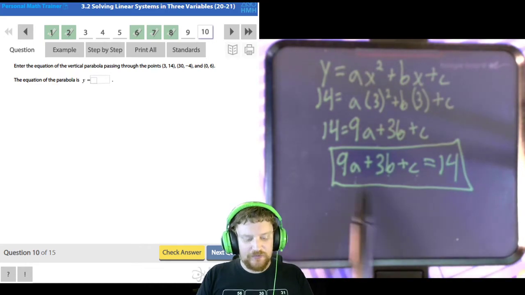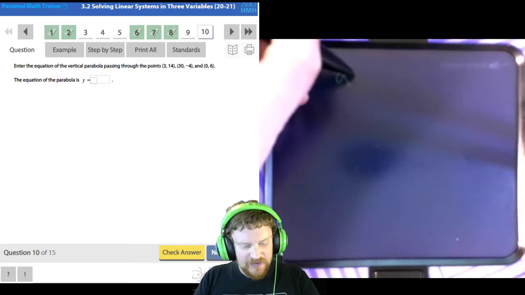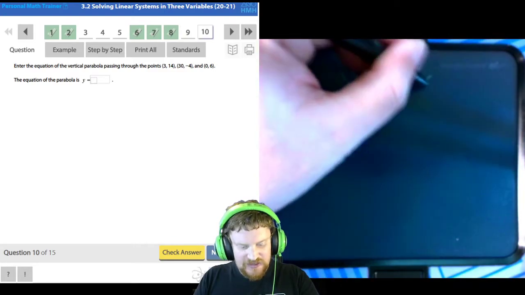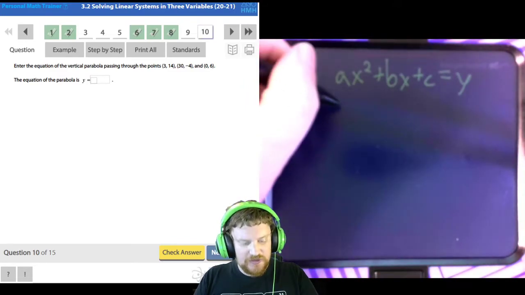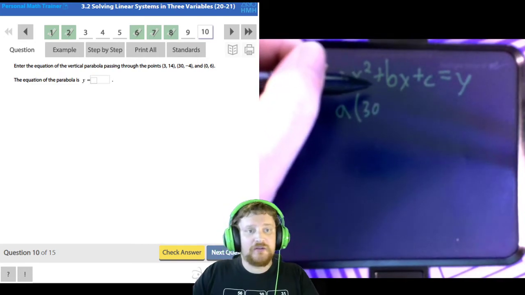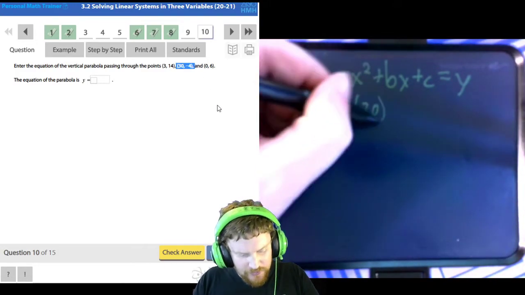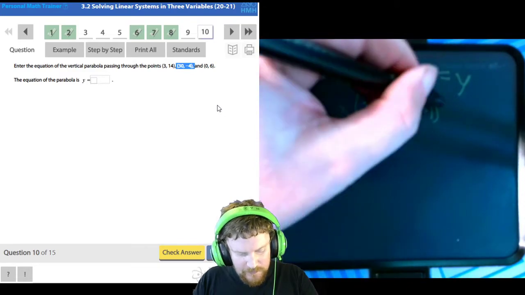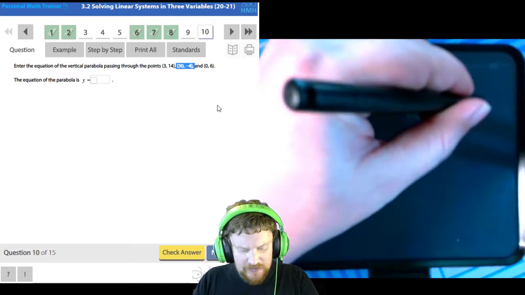But remember, since I have three variables, I need three equations. So I'm going to rewrite this, ax squared plus bx plus c equals y. Well, my second point up here is 30 comma negative 4. So 30 squared a plus b times 30 plus c equals negative 4.